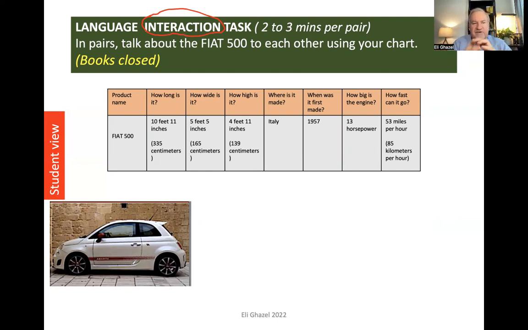Now, remember, the first time is always difficult, so the students need to learn what to do, and then the next time we do this, we are able to move much faster. So you told them, close your books, in pairs, use your chart to talk about the Fiat 500 to each other. This is what would happen.